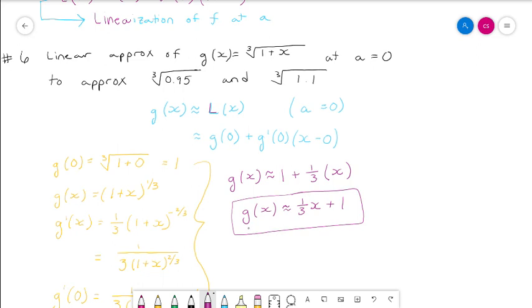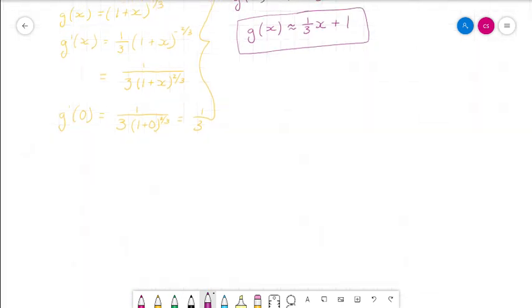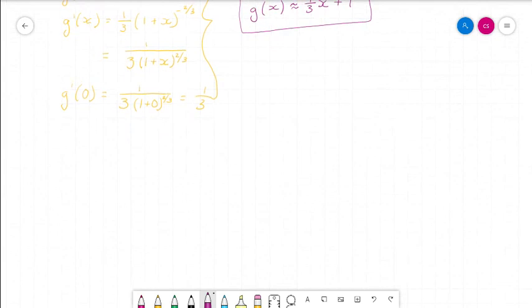And now we're going to use this line to approximate the cubed root of 0.95 and then the cubed root of 1.1. All right, so let's do 0.95 together, and then you guys can try the next one. Okay, so we're going to approximate this. Okay, so let's think.